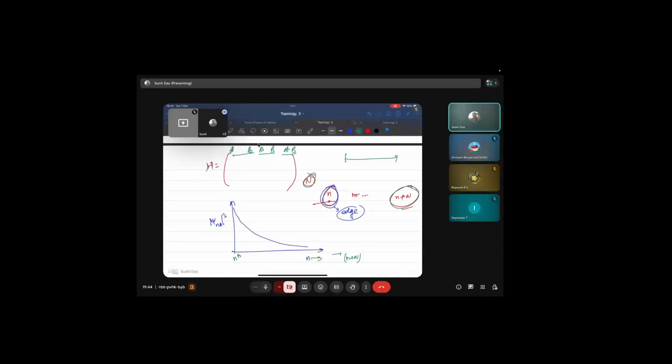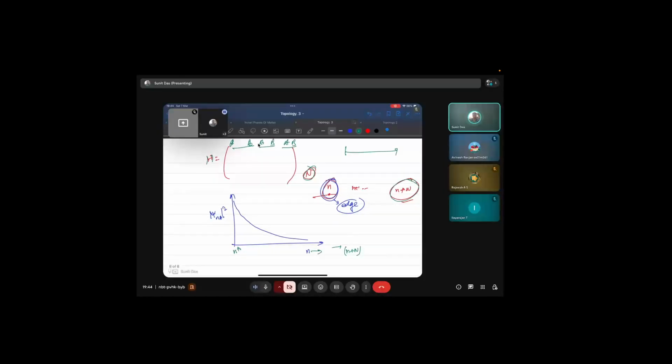There are tools to diagonalize in any programming system. Once you diagonalize, you immediately get two things. One is energy: if the Hamiltonian is N by N, you get N energy eigenvalues, and then the corresponding wave functions.